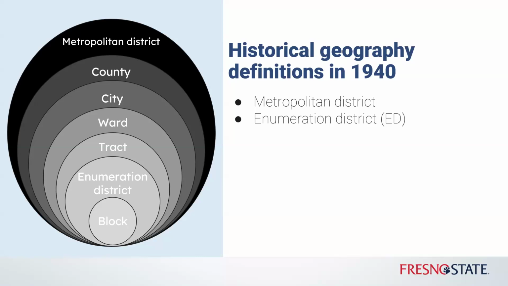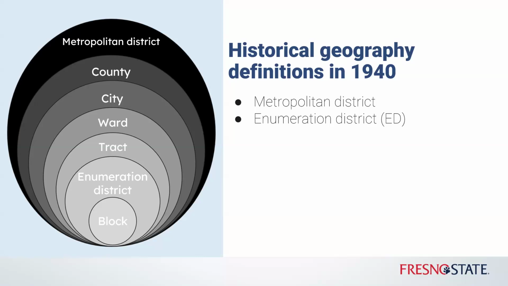And when we say nested, what we mean is that within a larger geographic area, that smaller geographic area will nest within it. It will not cross the boundary of the larger area that it is in. And so that's a nice, clean way to drill down from larger to smaller geographies that the Census Bureau often uses, not always. That's not always the case. But these are nested areas that are relevant for mapping historical census geography.